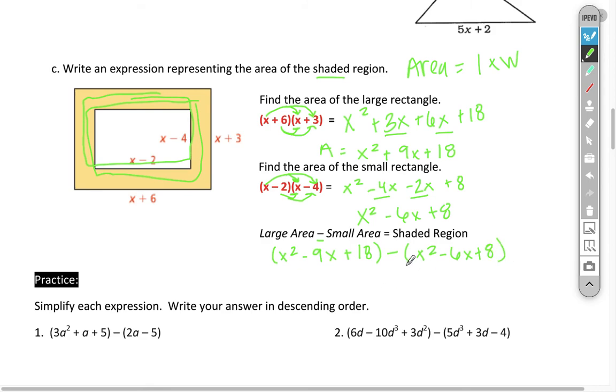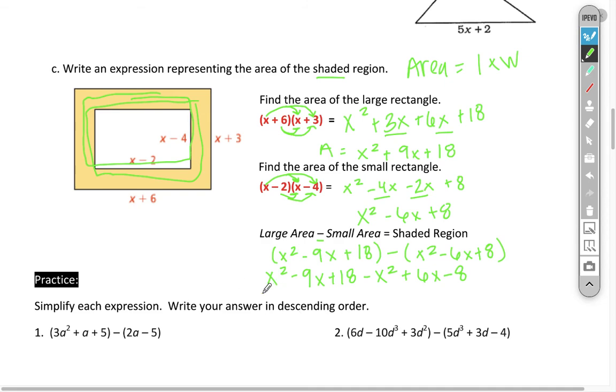All right, so first things first, we need to distribute this negative sign out. We know that this part is not going to change. So we have x squared plus 9x plus 18 minus x squared plus 6x minus 8. And now all we've got to do is combine those like terms.